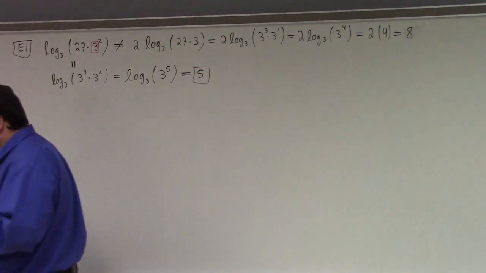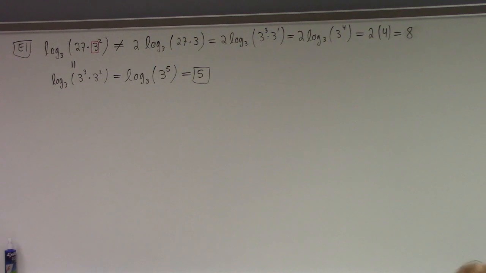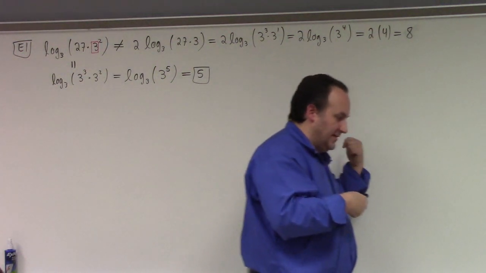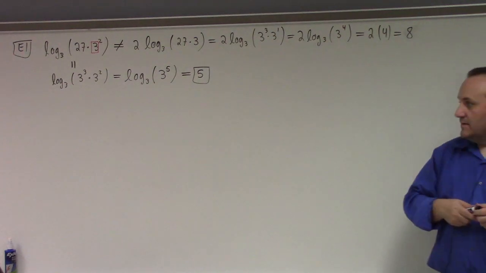So as you can see, trying to half apply these properties doesn't work. It has to be exactly that pattern in order to do it. Not kind of like the pattern. It's got to be the pattern. Otherwise, you get errors. Any questions?